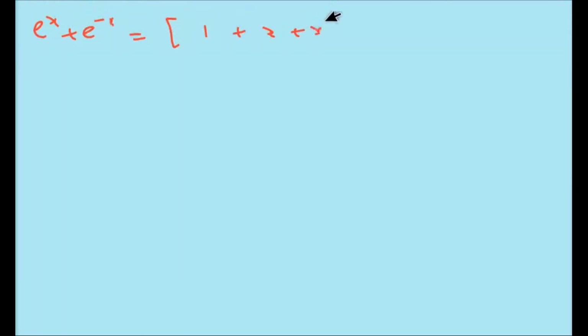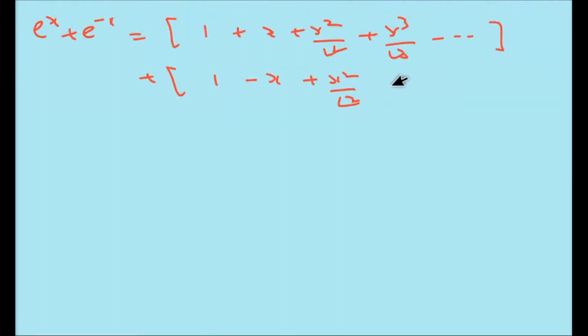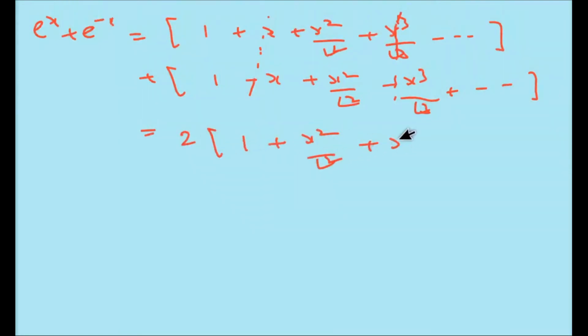1 plus x plus x square upon factorial 2 plus x cube upon factorial 3 and so on, and if you add this 1 minus x plus x square upon factorial 2 minus x cube upon factorial 3 and so on, you can see the odd terms will be cancelled, and what we are left with is 2 taking common, 2 times 1 plus x square upon factorial 2 plus x to the power 4 upon factorial 4 plus x to the power 6 upon factorial 6.